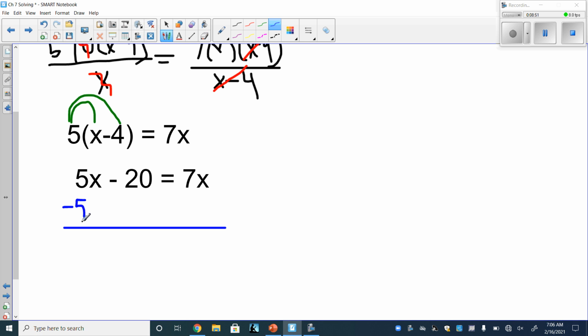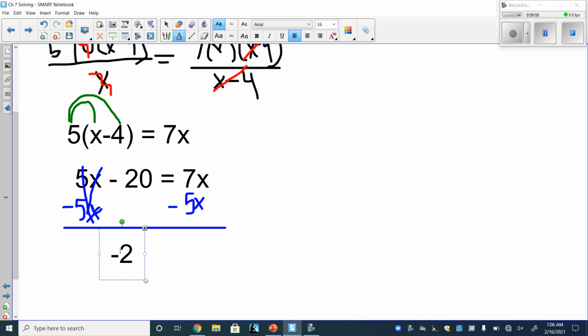So I'm going to subtract 5x from both sides. 5x minus 5x would cancel, so we'd still have negative 20 is equal to 7x minus 5x, which is 2x.